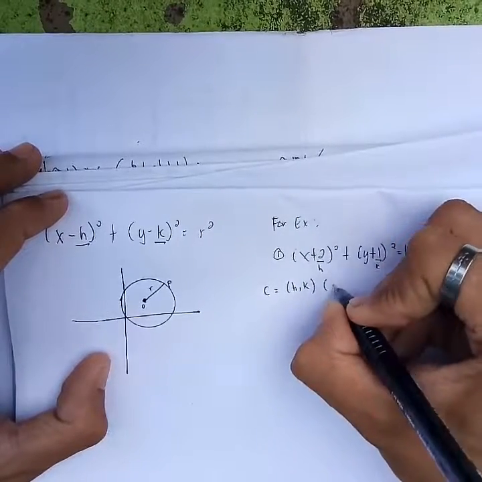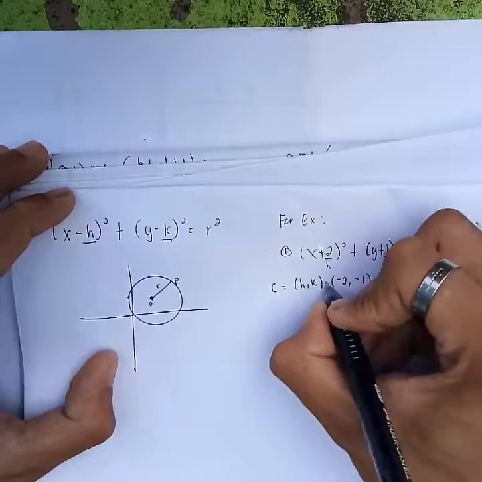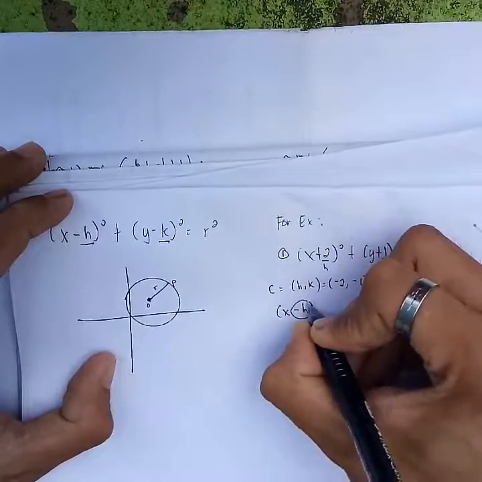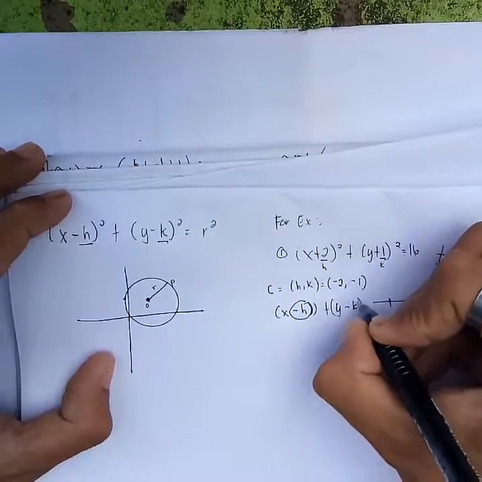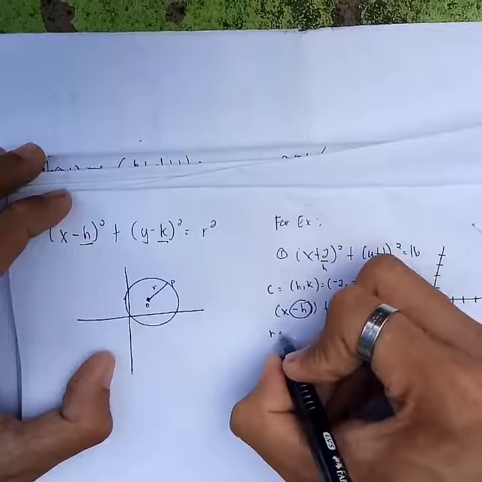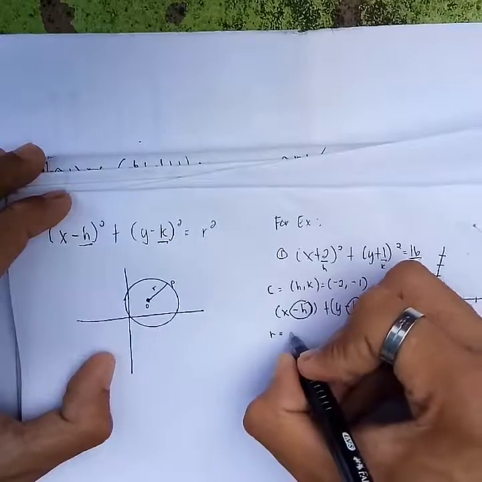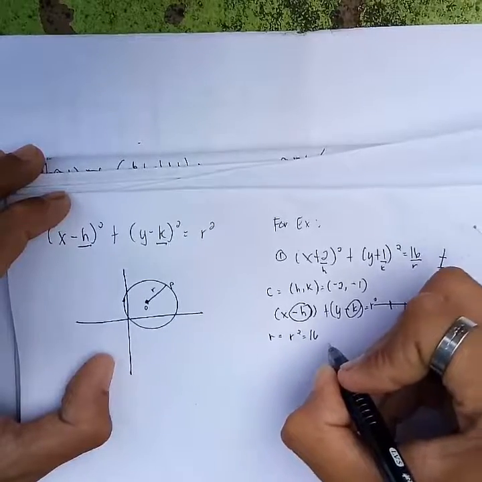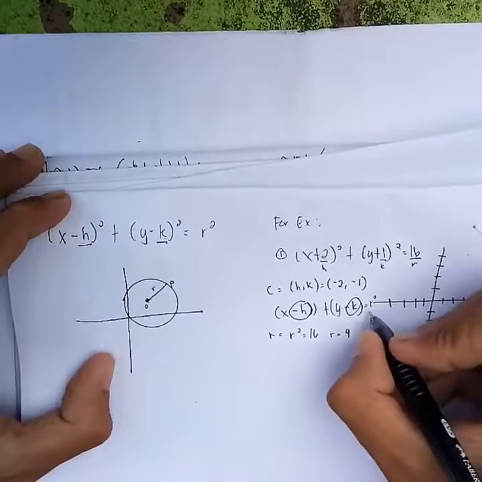So the center will be negative 2 and negative 1, because from our formula x minus h plus y minus k is equal to r squared. And let's get the radius. The radius here will be 16, and we know that r squared is equal to 16, and to get the radius, r will be equal to 4 from our formula.